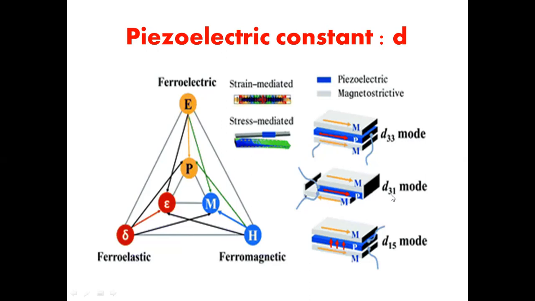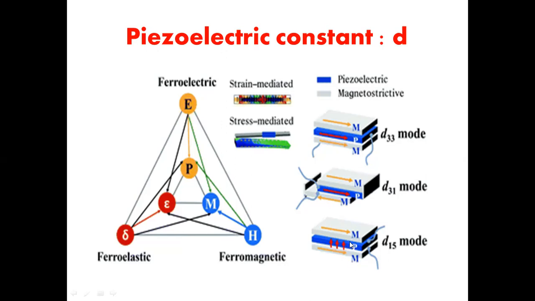And here you can see they are parallel, but the magnetization in the bottom layer is opposite to that of the top layer. If this is the case, this is called the D31 mode, and this is the D15 mode.